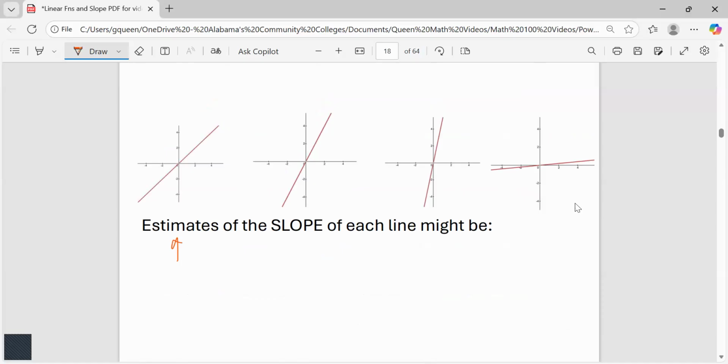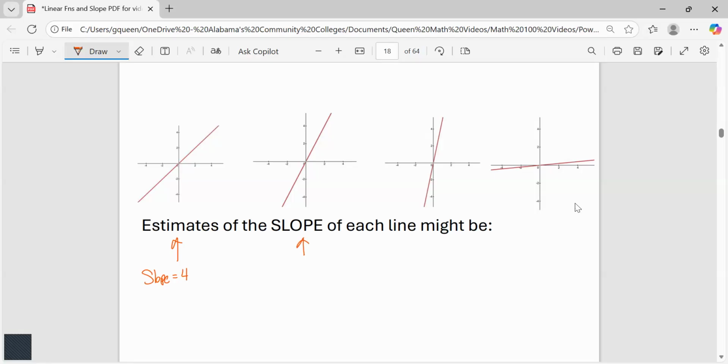Let's say it is uphill, so I know the slope will be a positive number. So I'm going to say the slope here, if I just start in the middle somewhere, let's say the slope here is 4, okay? Positive 4. Well, look at the next line. If I try to compare the second line to the first line, is this line steeper?